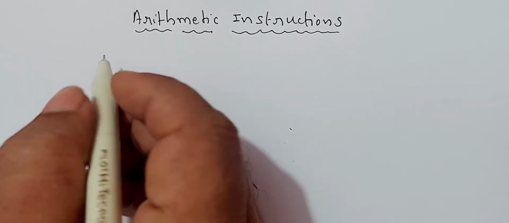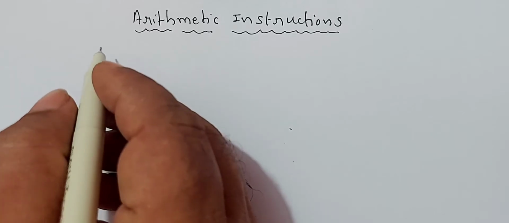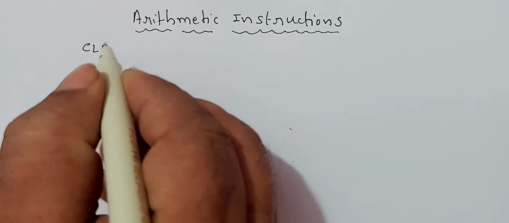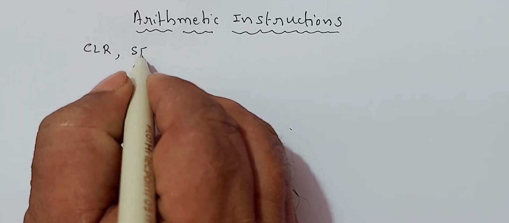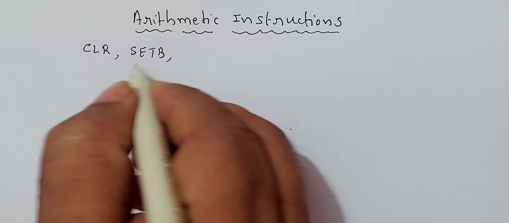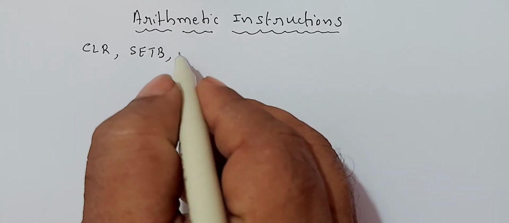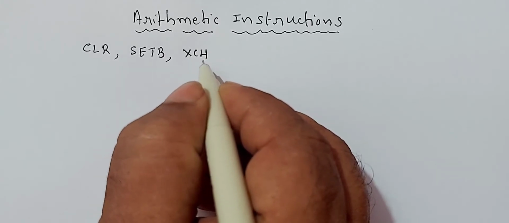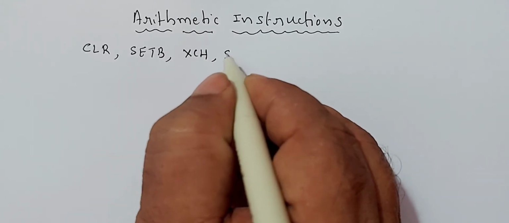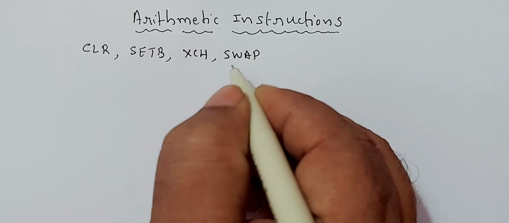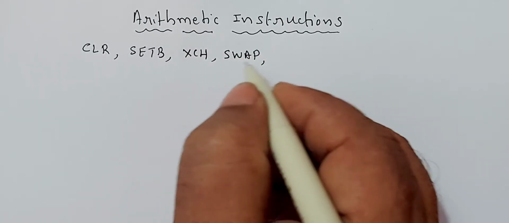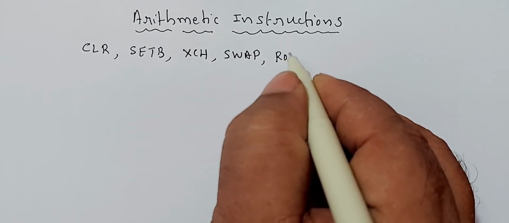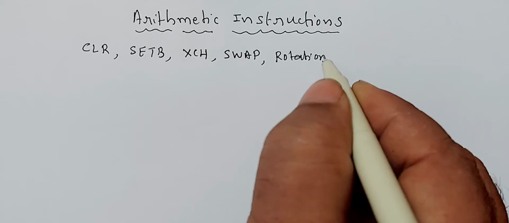Some of the instructions used in the 8051 microcontroller are CLR, clear instructions, SETB, set bit instructions, and XCH, exchange instructions, SWAP, swap instructions, and rotation instructions.